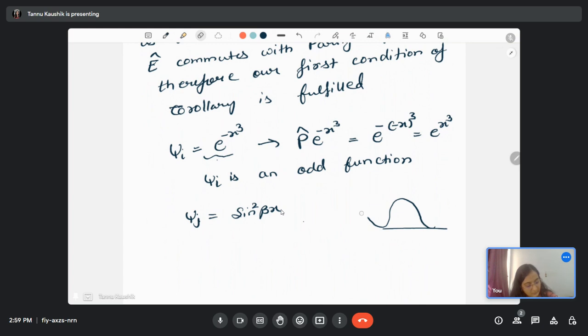This one is not properly shown symmetric. Let me try to draw it again. So sine square x and cos square x are even functions. Square of sine x and cos x are both even functions.